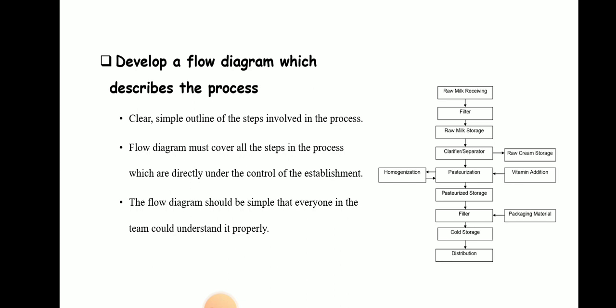The flow diagram should be simple, and everyone in the team should understand it clearly. The one example I have given is the flow diagram for pasteurization of milk. It has clearly given all the steps involved in the pasteurization of milk. So this is how a flow diagram should be.